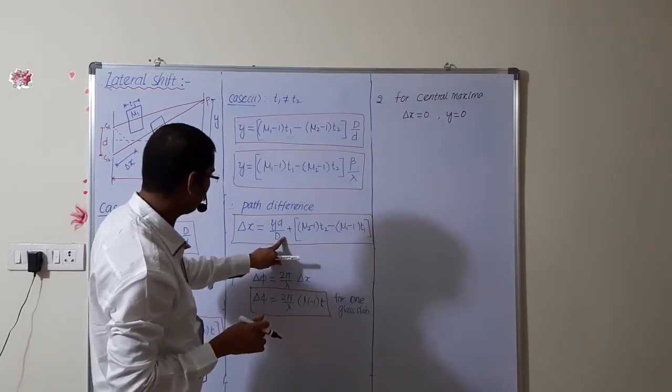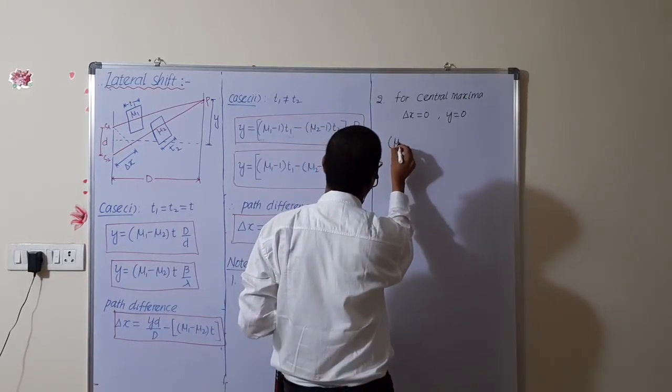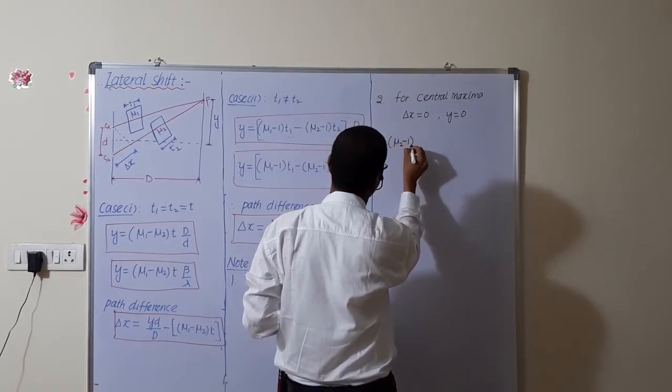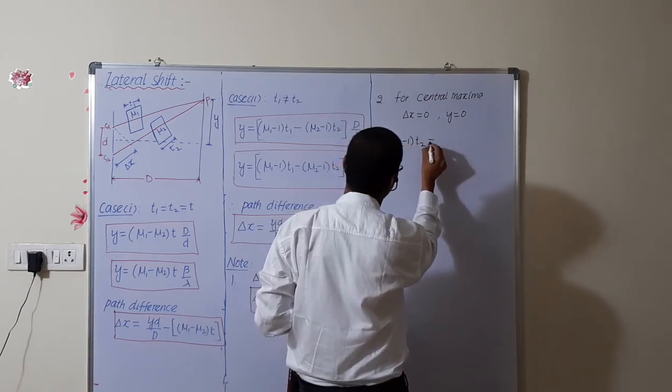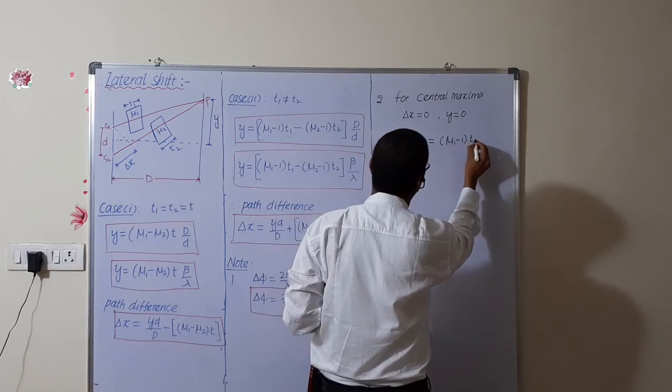If you substitute in this equation, what will we get? Then (mu2 minus 1) into t2 is equal to (mu1 minus 1) into t1.